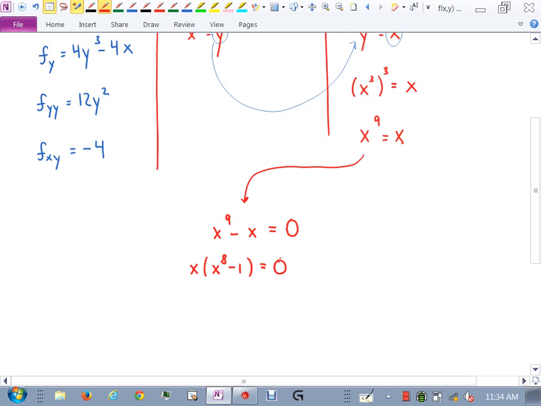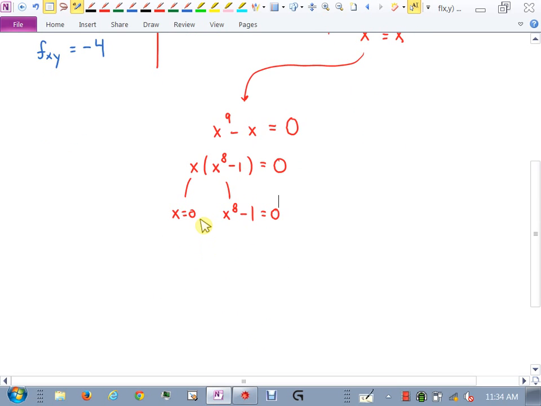The zero factor property says that if I factor something, and those factors multiply to be 0, I can set each of those factors equal to 0, can't I? All right, so I set this equal to 0. I set the other one equal to 0. The first one, the solution is there, isn't it?